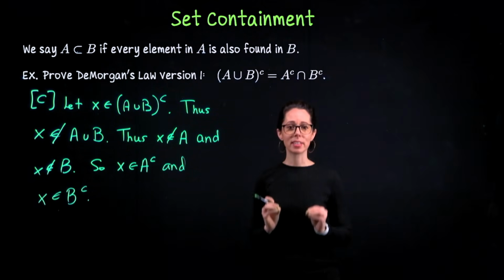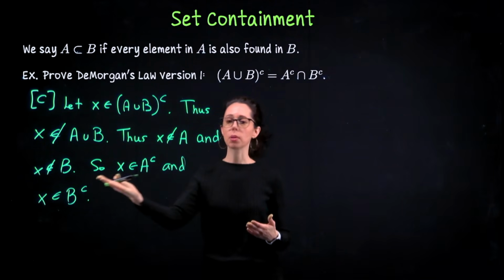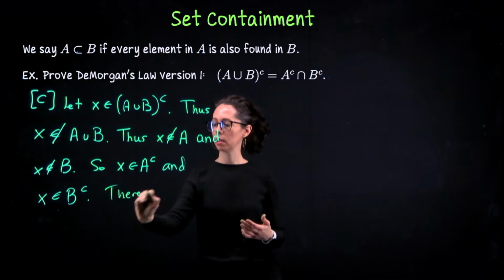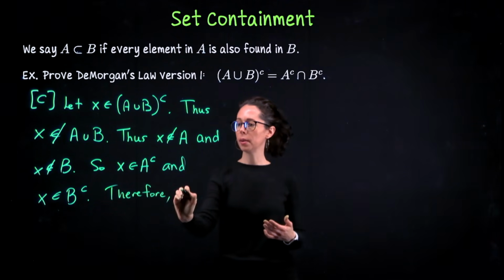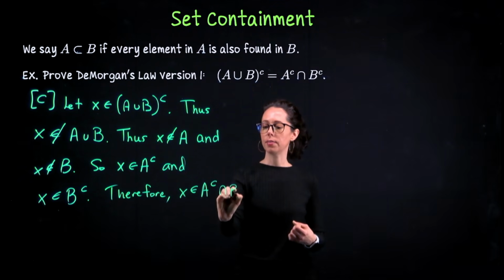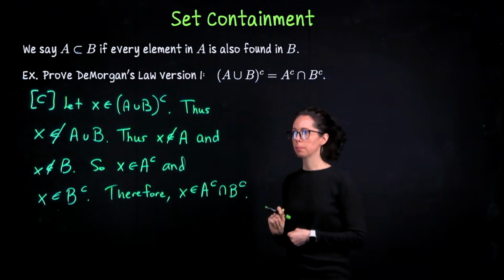That is literally the definition of X being in the intersection of A complement and B complement. So therefore, X is in the intersection of these two sets, A complement and B complement.